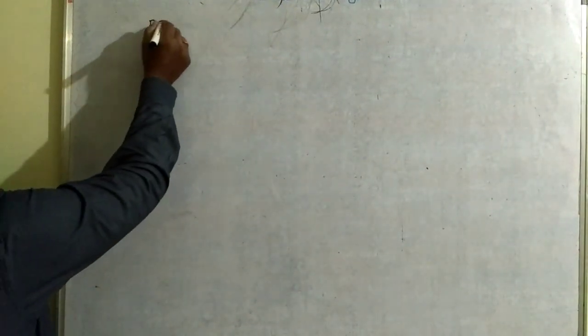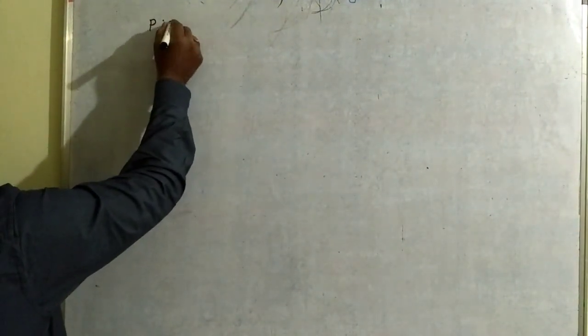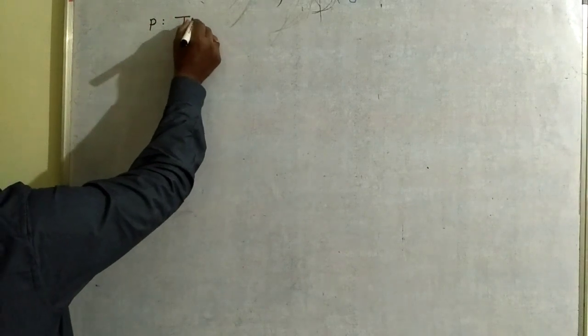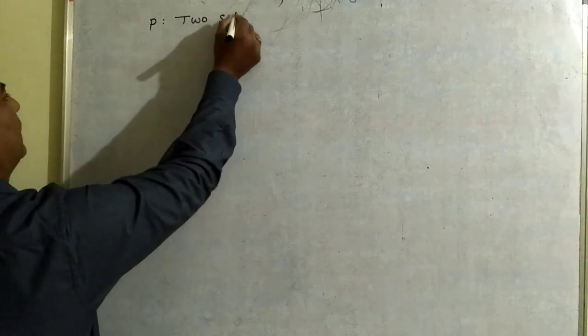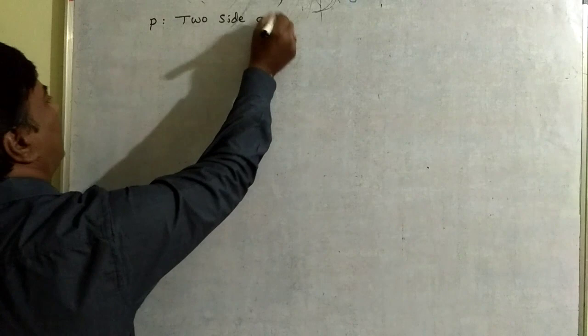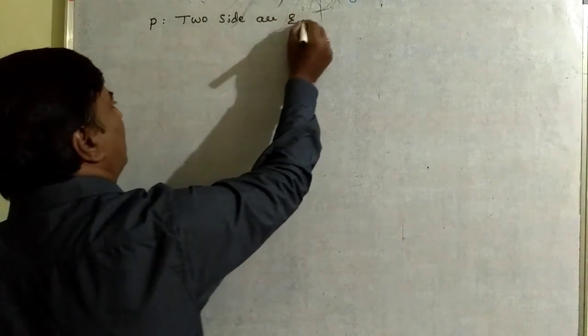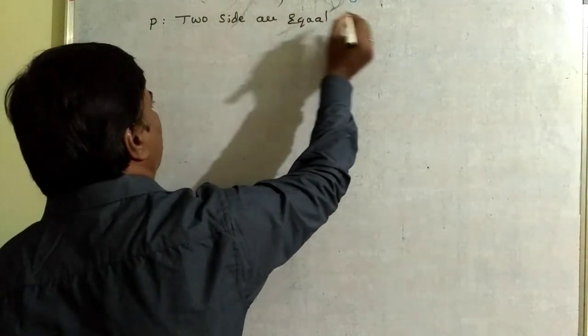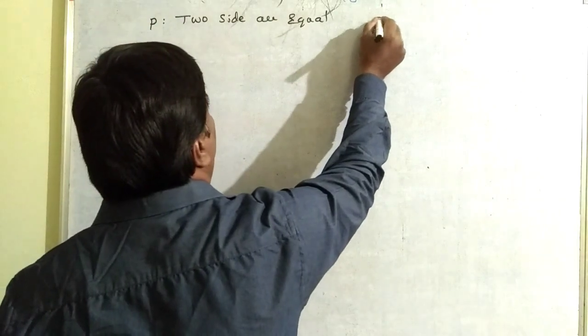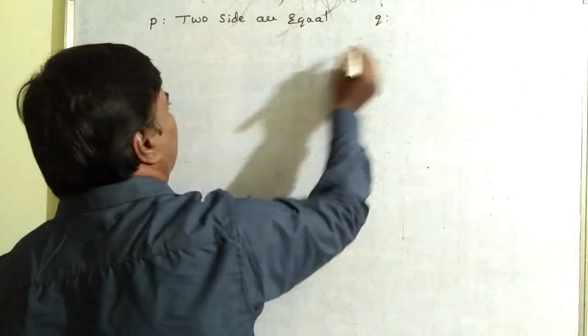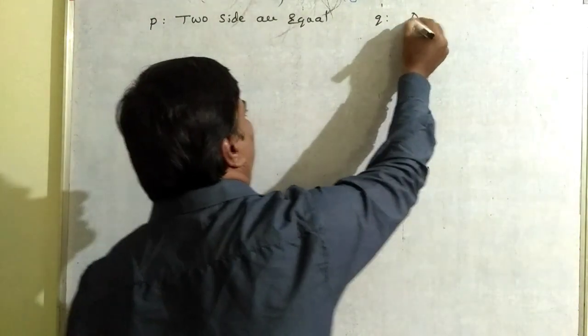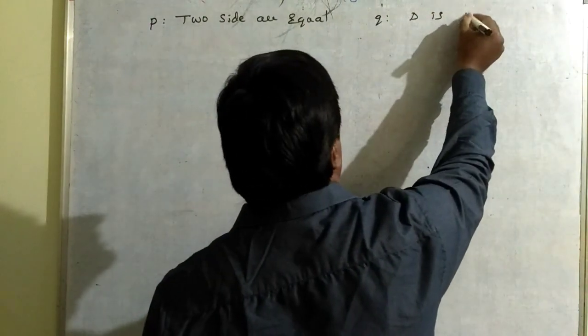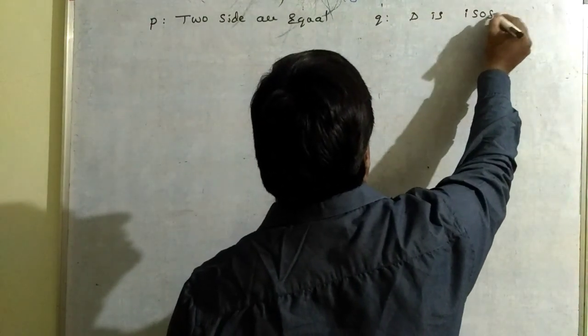The statement P is two sides are equal in the triangle. Second statement, let's consider here, the triangle is isosceles.